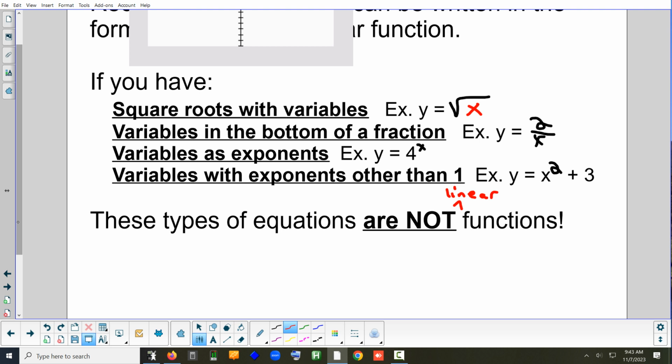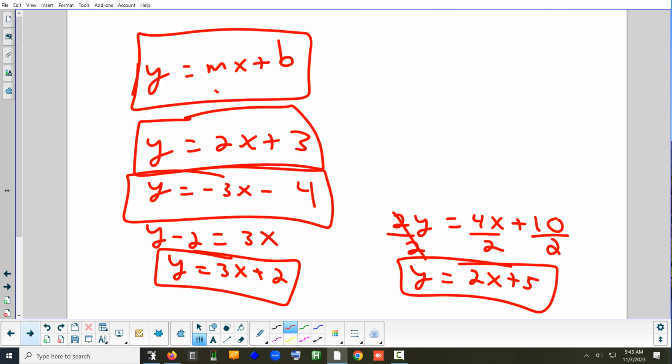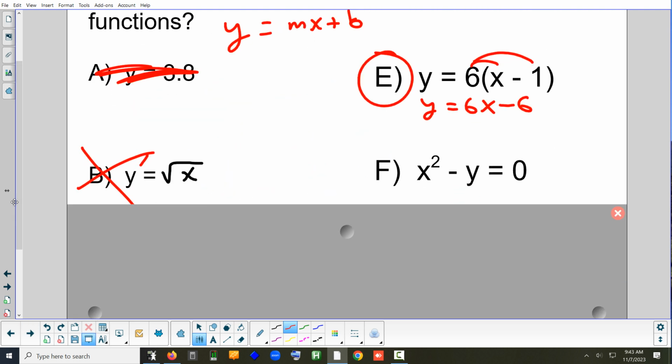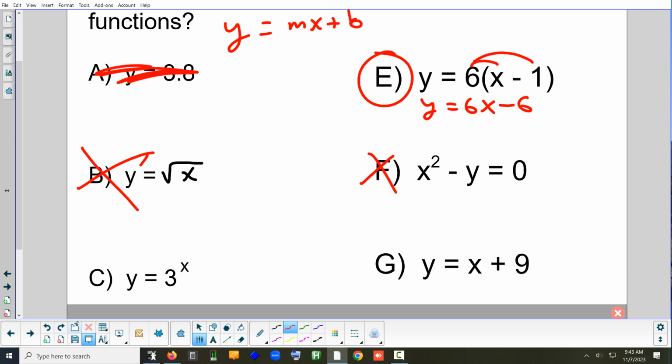You can't have any number in that exponent that's higher than a 1. So that is definitely non-linear. How about C? Linear or non-linear? No, you're not allowed to have variables in the exponent. That's one of the things we talked about. That is non-linear. How about G?